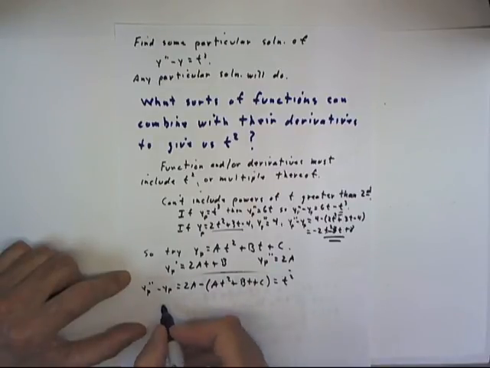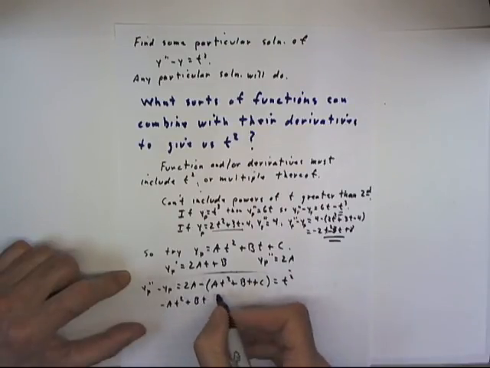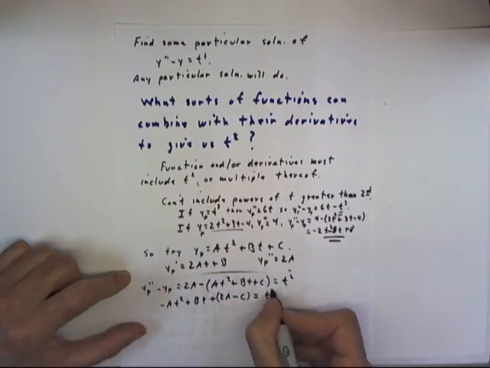If we collect our terms on the left, we end up with negative at squared plus bt plus 2a minus c equal t squared.